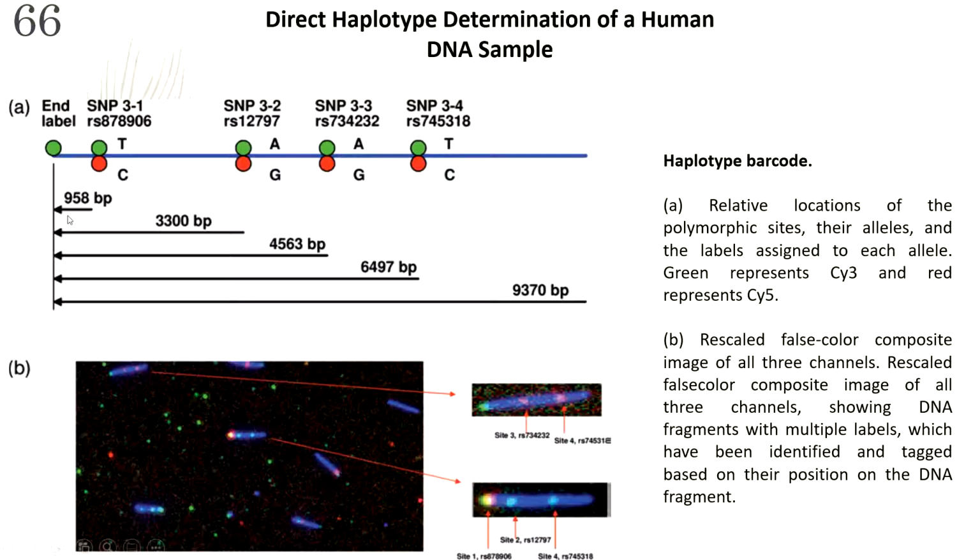Because suppose you have a very small fragment of 958 base pairs, and it is only showing green fluorescence, you don't know whether this fluorescence is coming from the end label only or from this particular SNP. So that's why you must have at least 2 polymorphic sites in this particular fragment, so that it becomes much easier to analyze.